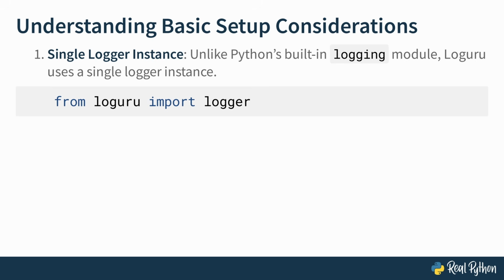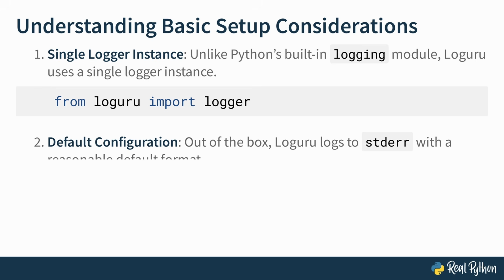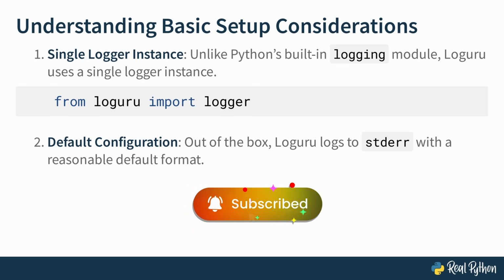You just import the pre-configured logger object and you use it everywhere. Secondly, by default, Loguru already logs to standard error with a readable format, so you can start logging immediately without having to set anything up. That's really all there is to know before getting started. In the next lesson, you'll start using Loguru for real.